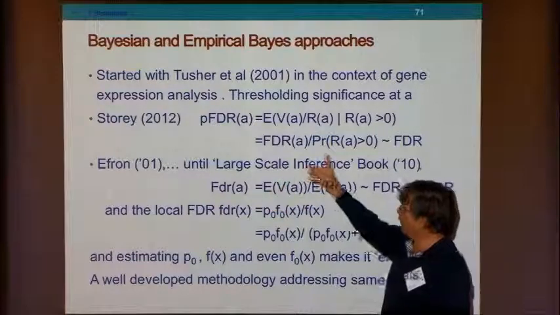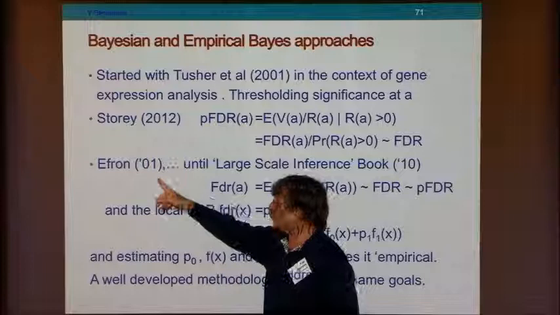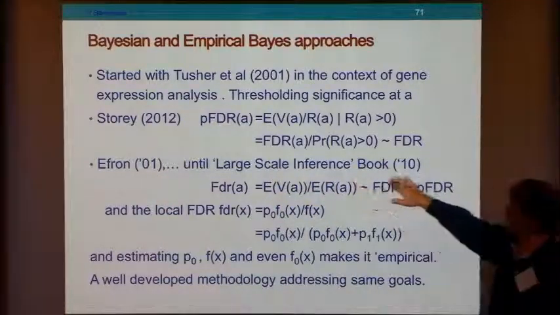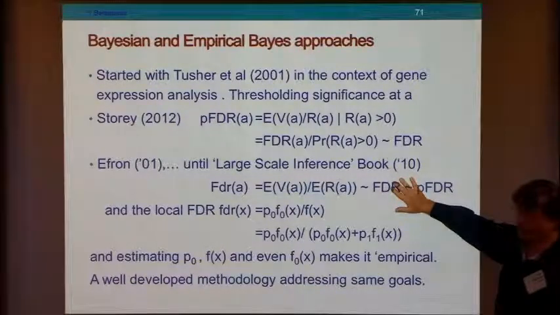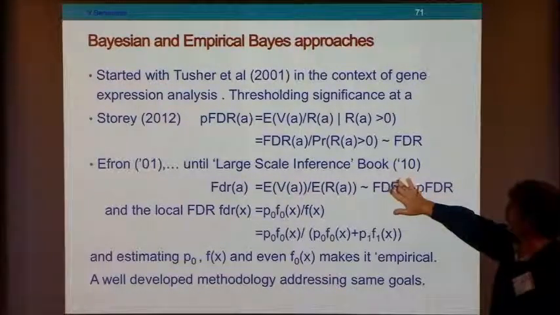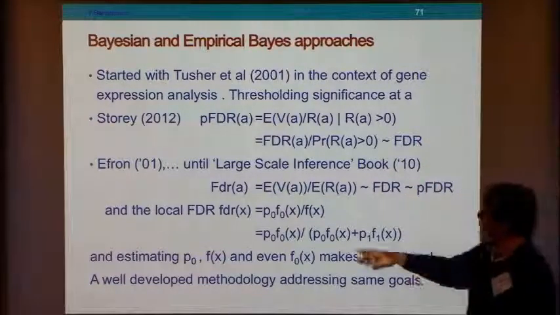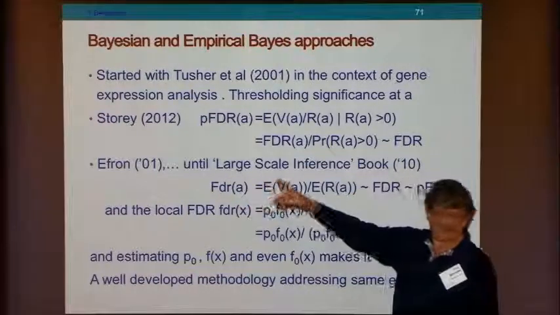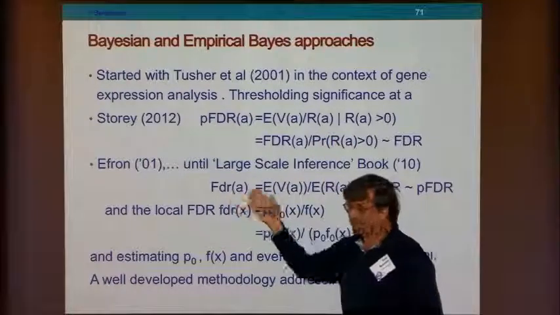Efron continued with this line of work, with papers starting from 2001 with a few more, and then his recent large-scale inference book, very nice, very illustrative, where he talks about this approach at length. He defines FDR, okay, you see the capital F. He apologizes and says it's such a good name that he can't avoid it.